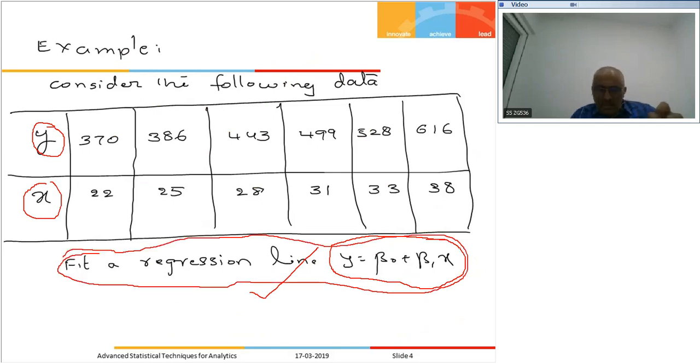Otherwise, if this data is given, the first thing when we work with modeling of the data and try to have linear regression or regression of any kind, multilinear regression or non-linear regression, is to find out whether it is worth going ahead and trying for a relation or not.